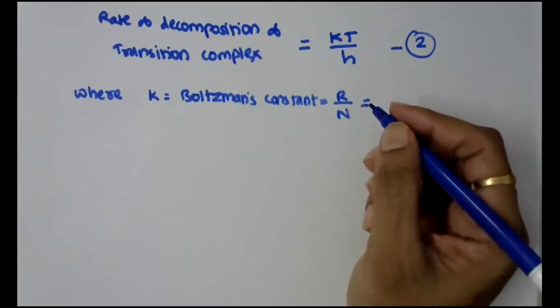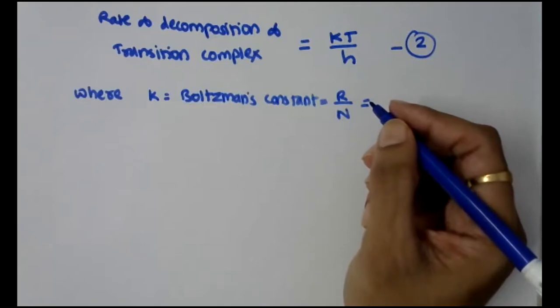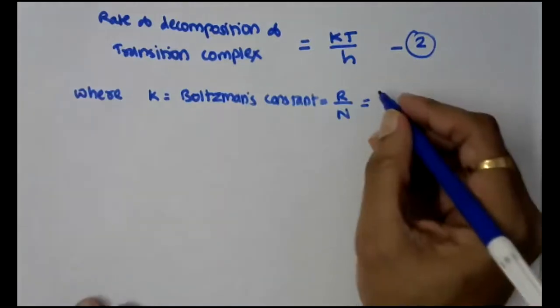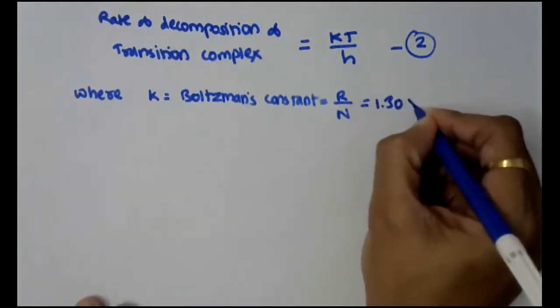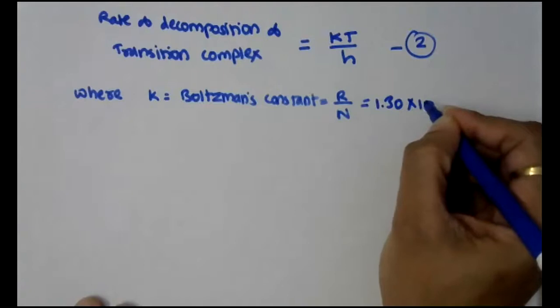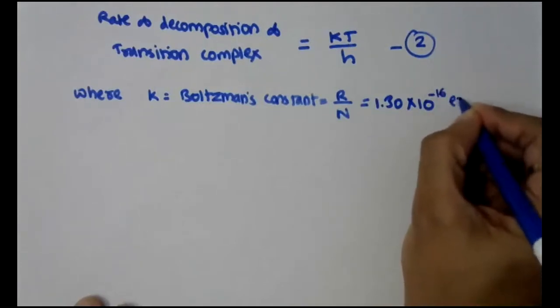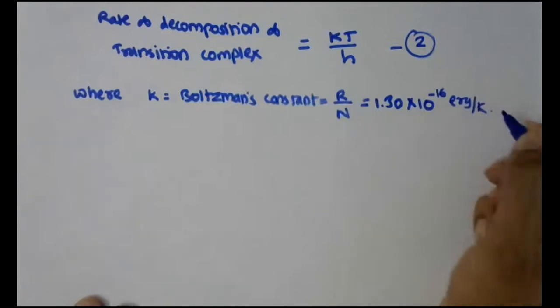So if you simplify, you will get the value of the Boltzmann constant as 1.38 into 10 raised to minus 16 erg per Kelvin.